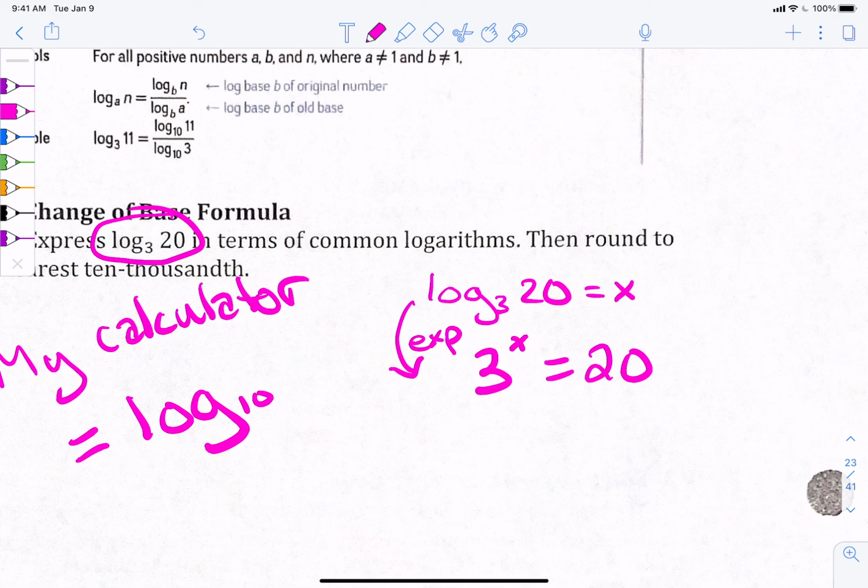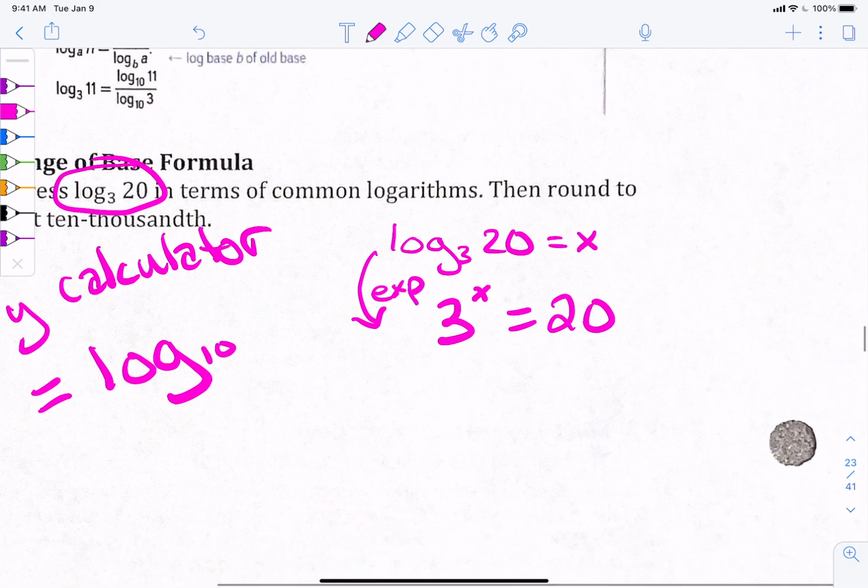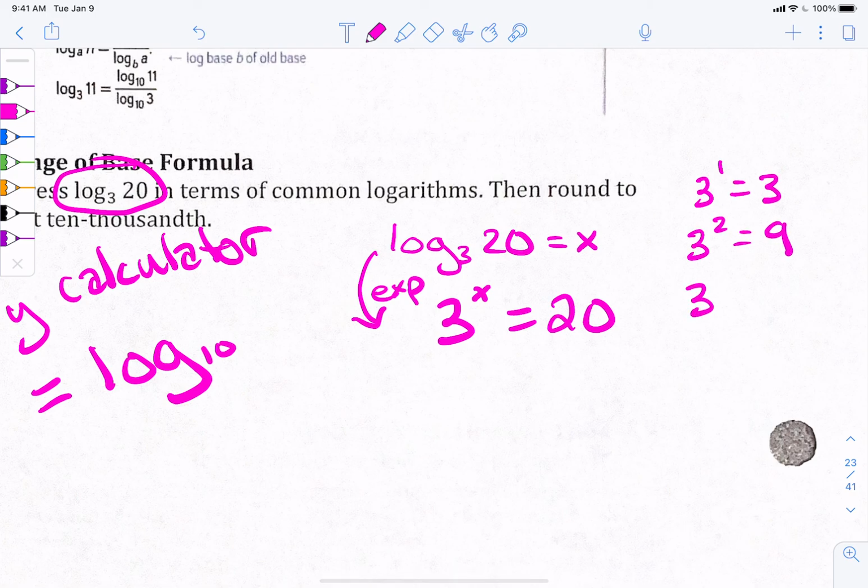That doesn't come out nice, right? But let's say 3 to the first power is 3, 3 to the second power is 9, 3 to the third power is 27. I want 20. So my answer is going to be somewhere between what two numbers? 2 and 3. 20 lives in here, between 9 and 27. So I'm going to have a decimal that's like 2 point something, right? Does that make sense? Okay.